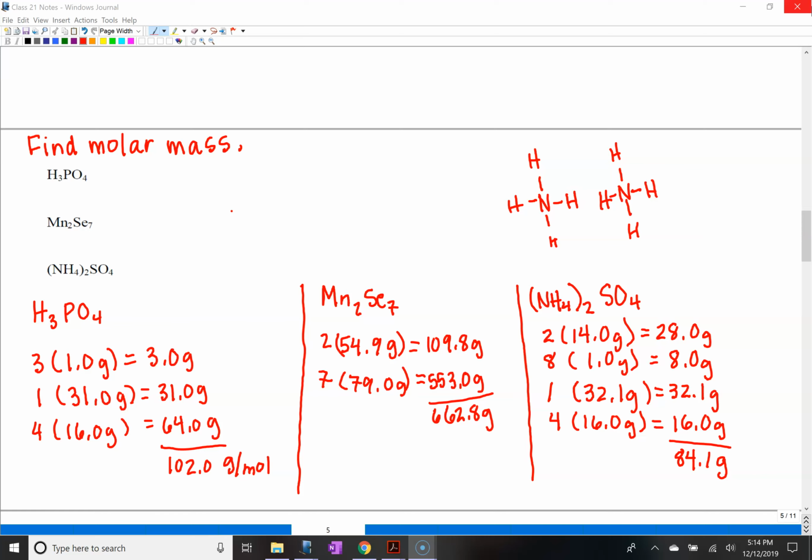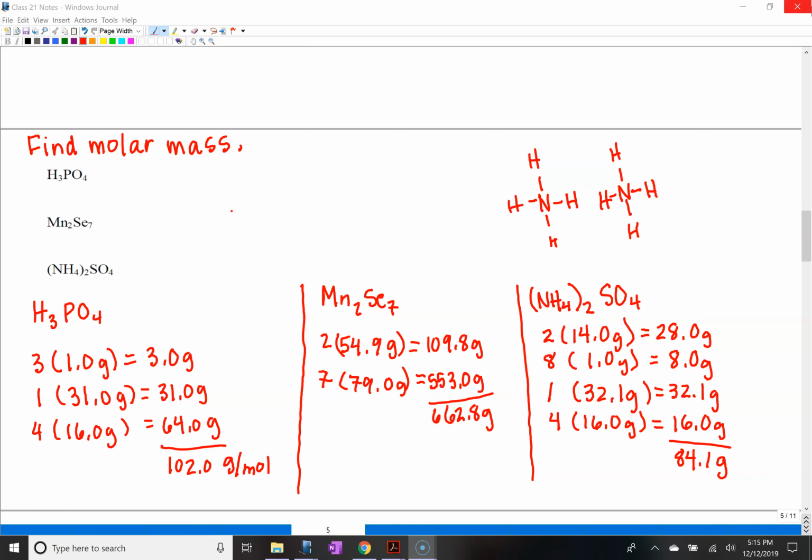There's 1 phosphorus, which has a mass of 31 grams, and there are 4 oxygens, which each have a mass of 16 grams, to contribute 64 grams to the compound from oxygen. Adding up 3, 31, and 64 gives you 102. 102.0 grams per mole is the molar mass of H3PO4.